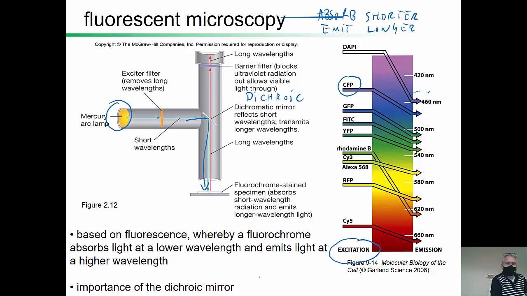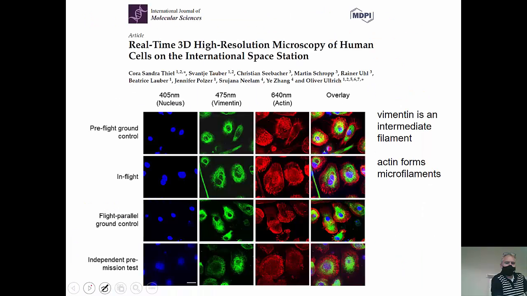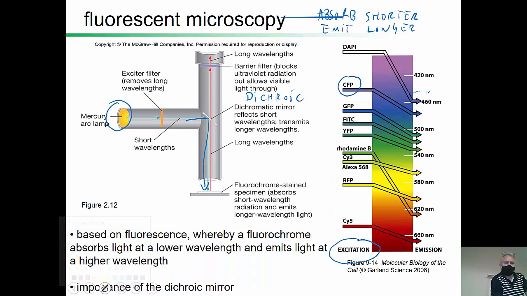It'll bounce them down onto the sample. This is what we want. The sample, the fluorescent molecule or dye, will absorb that excitation wavelength and emit this longer wavelength.